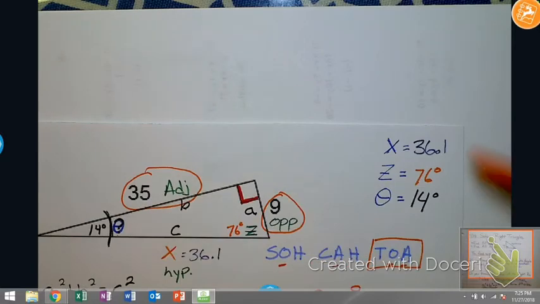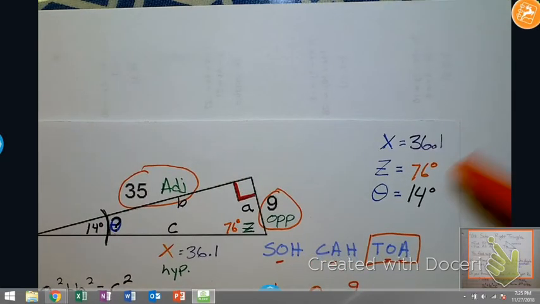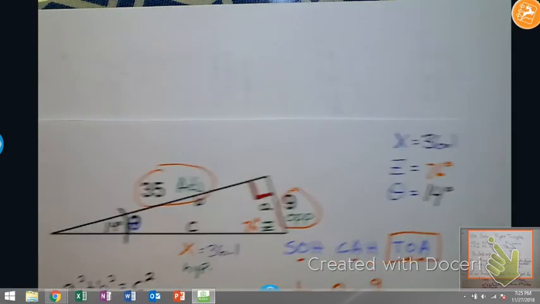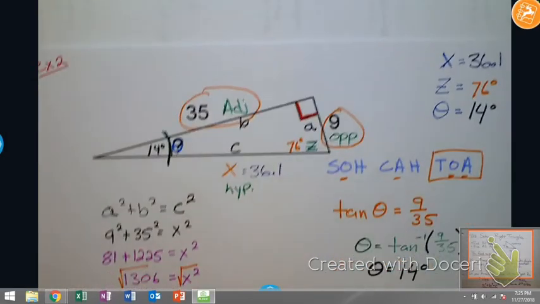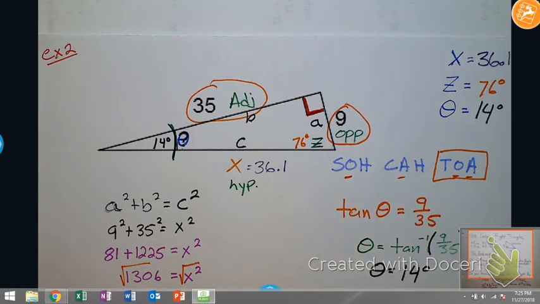Now that we've solved for the missing side X, and we've solved for both missing angles Z and theta, we have solved this right triangle. Today on your homework assignment and your in-class assignment, this is what you're going to be doing. You're going to be solving for all of the missing parts of your right triangles. Good luck.